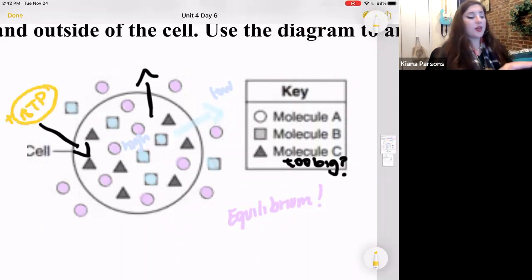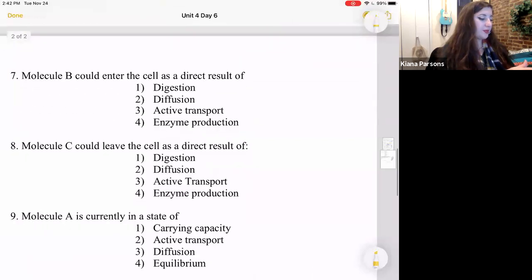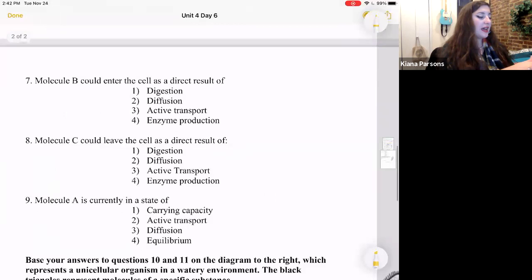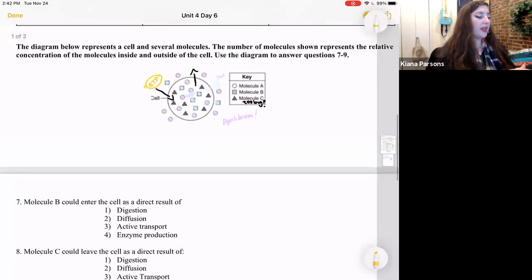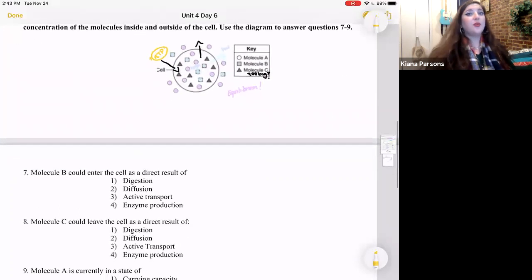So now let's take a look at our questions. Molecule B could enter the cell as a direct result of, so molecule B, we know that there's a higher concentration inside the cell than out.